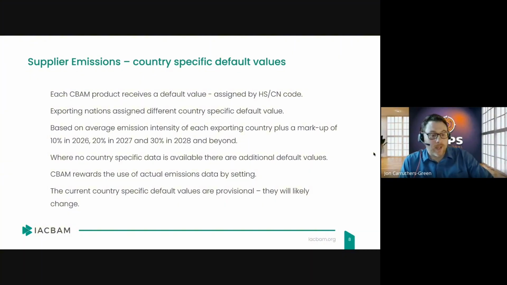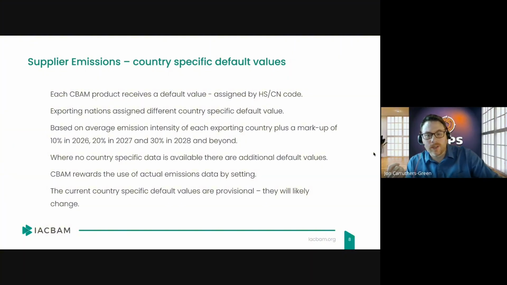Anybody who's had the pleasure of reading through these documents knows that there's around 200 different HS codes covered within the iron and steel section. And each country is given one of these default values. That default value is based on the average emission intensity of that particular country as assessed by the European Commission. There's also a bit of a markup.